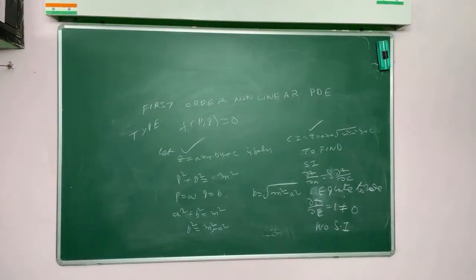For all problems, what will you do? First you find the complete integral. Put P is equal to A, Q is equal to B. Then write B in terms of A, F of A. Go back and substitute it. First assume that Z is equal to Ax plus By plus C is a solution. In that, remove B by writing it in terms of A. Then it is the complete integral. Complete integral means, for the number of independent variables, that many constants only I want to use.